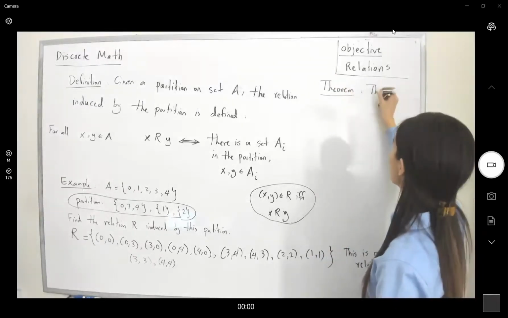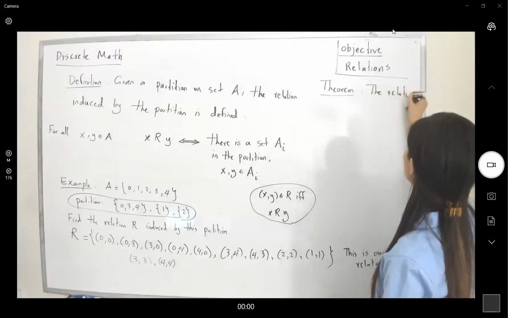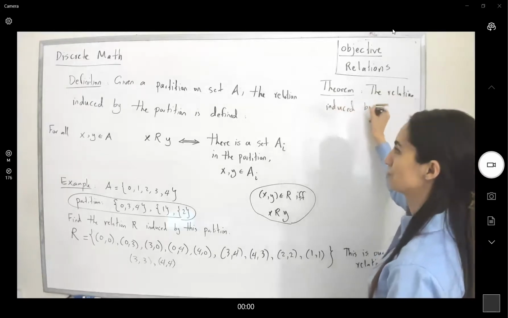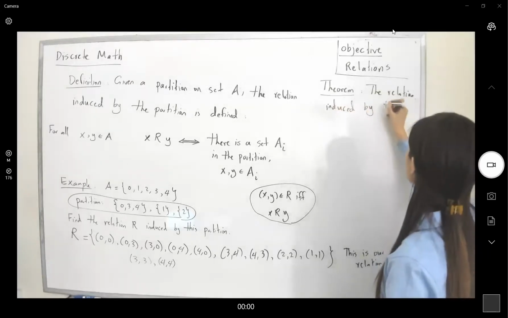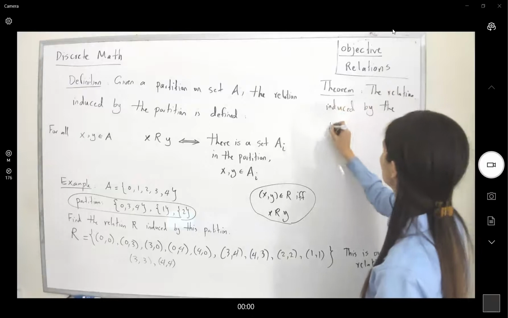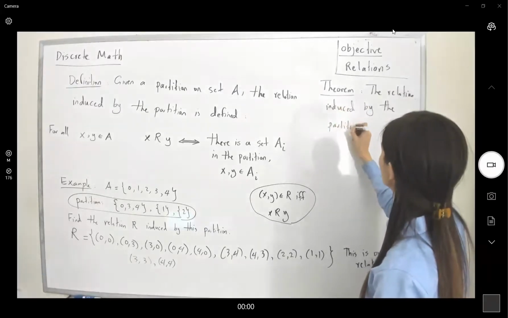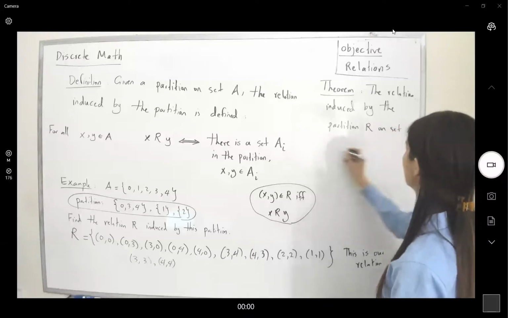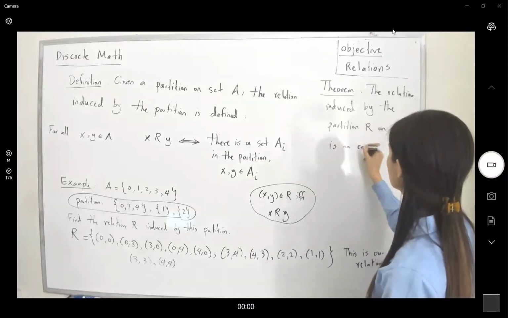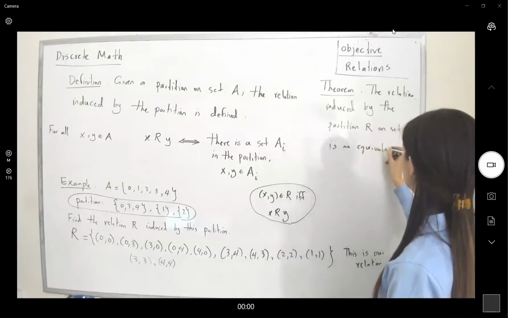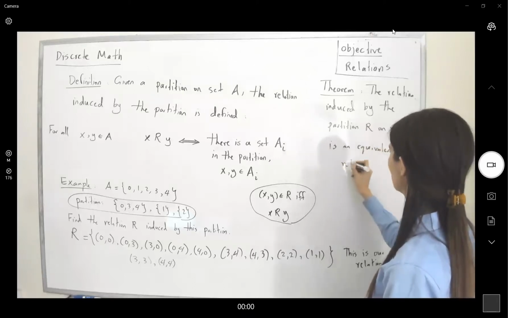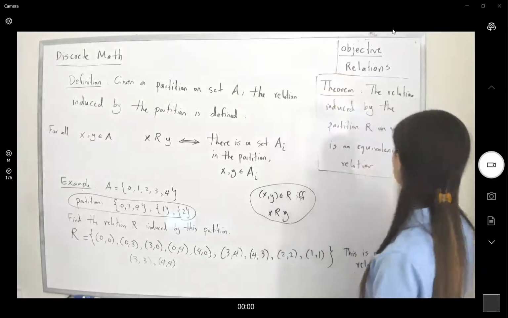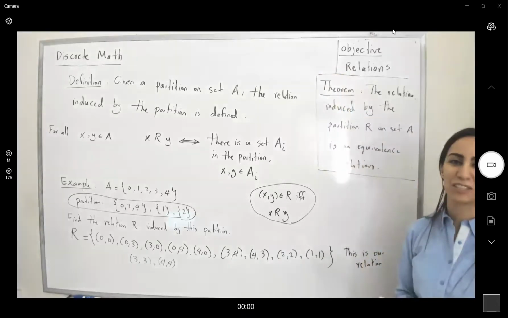So the relation induced by the partition R on set A is an equivalence relation. It's reflexive, symmetric, and it is transitive.